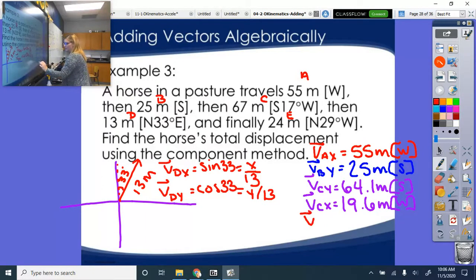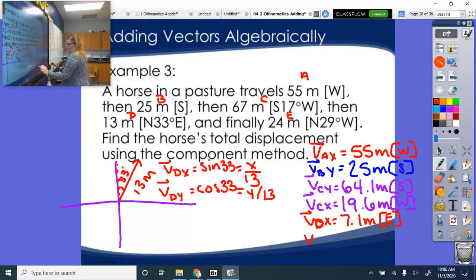So vector of D in the x is sine of 33, 7.1 meters. And in the x direction, I'm going east.